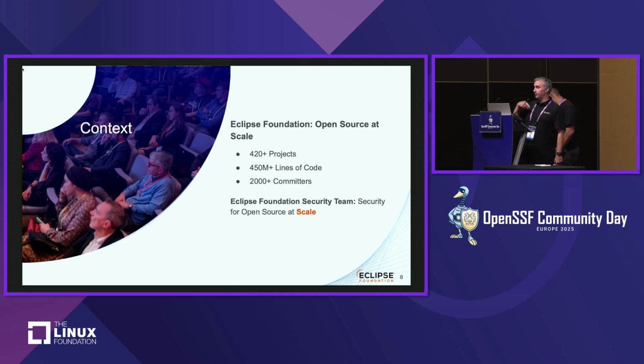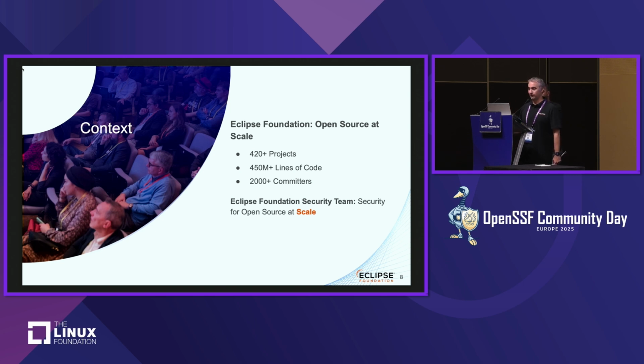So our mission, and for those who were here this morning for the other talk about rapid security reviews, we are not there to impose or force our projects to do anything. We are there to help them do better security. But given our scale, the number of projects that we have, the number of people that we have to interact with, and the size of the security team, we cannot go and do everything for them.